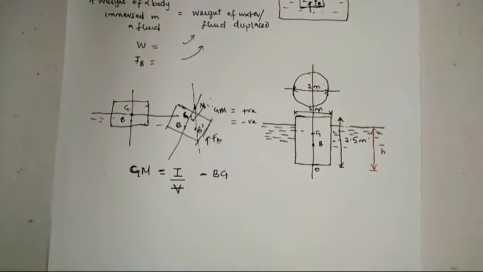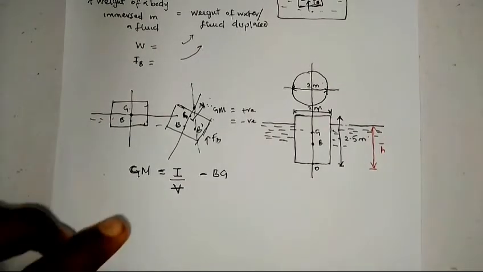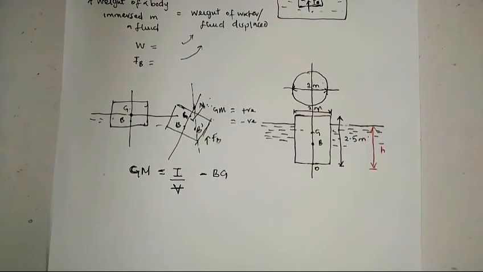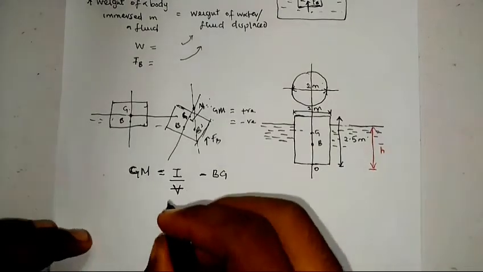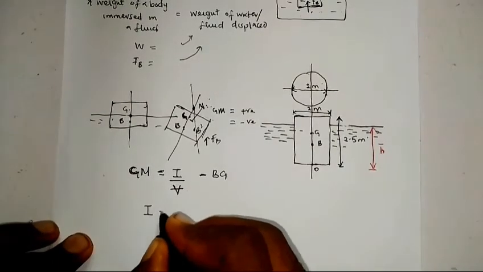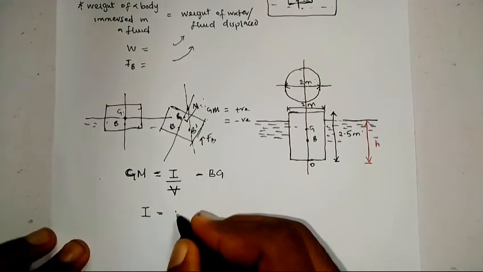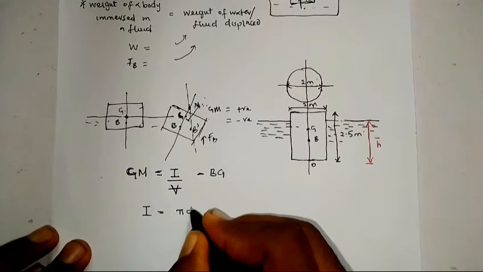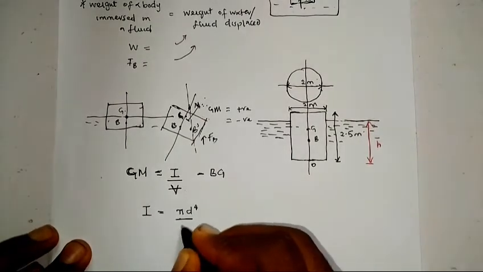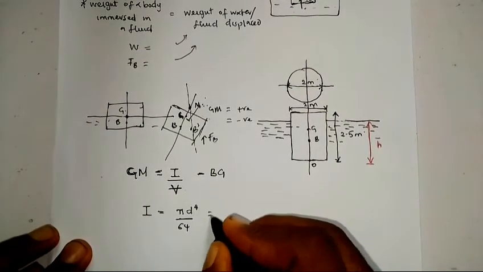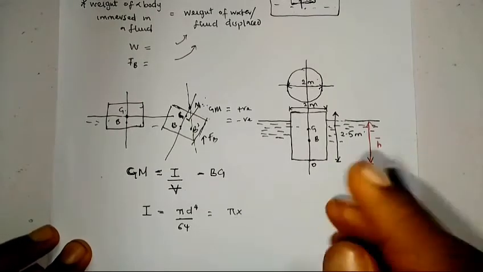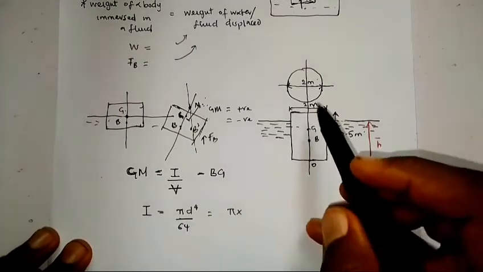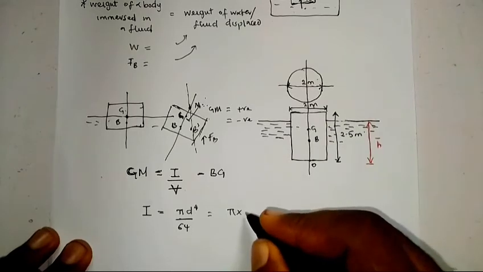So first, let's calculate the moment of inertia. The moment of inertia of a cylinder is pi d raised to the power 4 divided by 64, where d is the diameter. The diameter they gave me here is 2 meters.